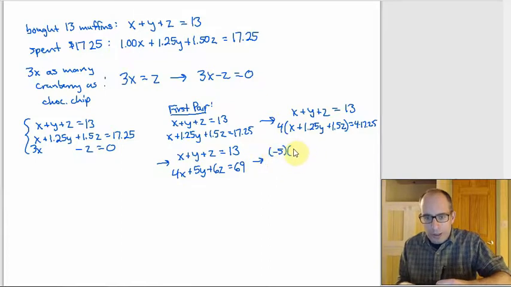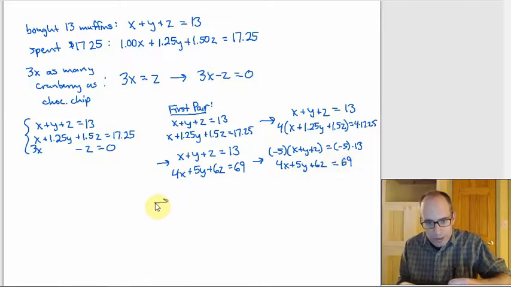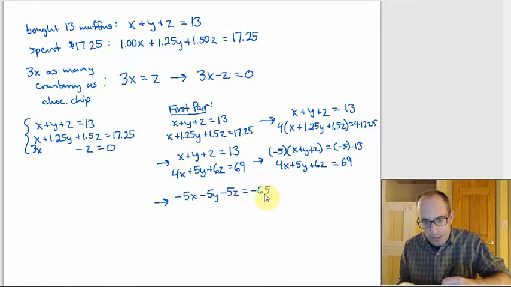-5 times x plus y plus z equals -5 times 13, and then 4x plus 5y plus 6z equals 69. Okay. Then, let's see, negative 5x minus 5y minus 5z equals negative 65.